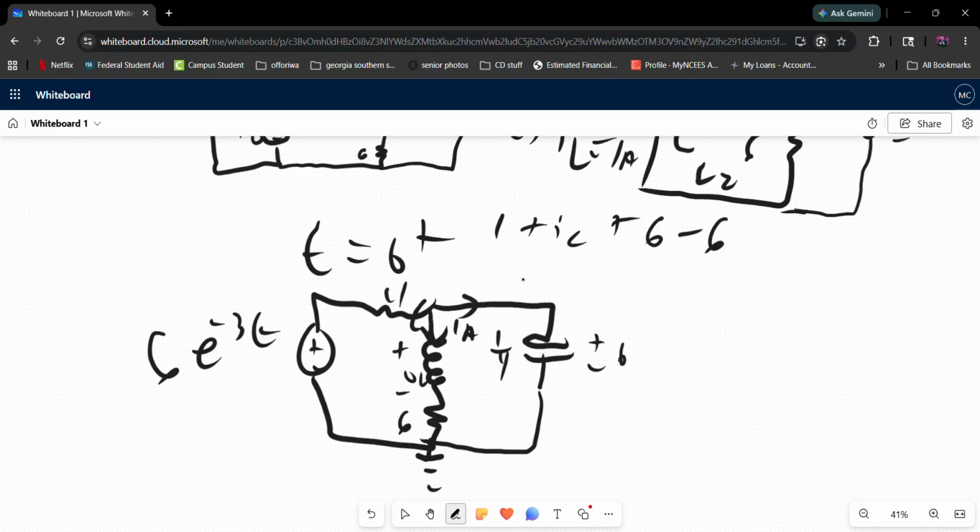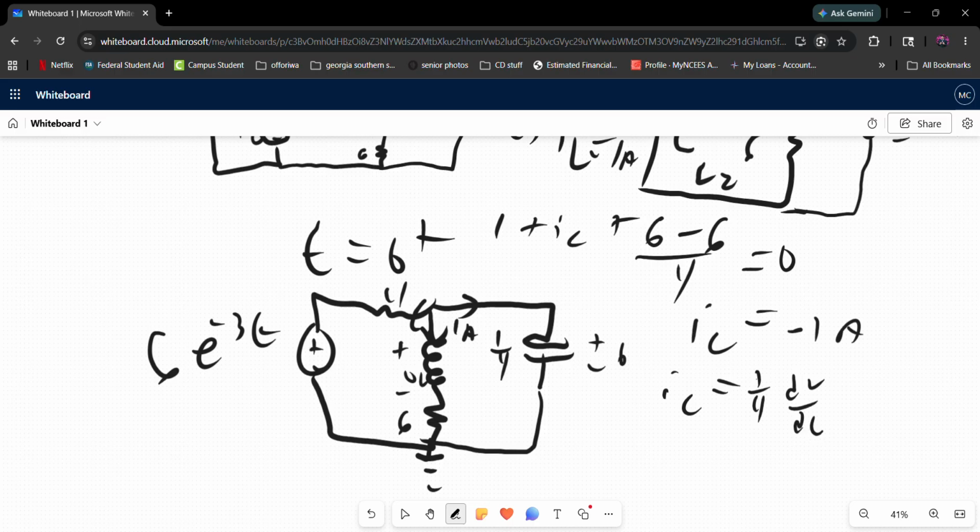So minus 6 over 4 equals 0. So that whole term just goes to 0. So that means IC is just going to be negative 1 amp. But we know that IC is just going to be 1/4 dV/dt. So that means dV/dt at 0 is just going to be negative 4.